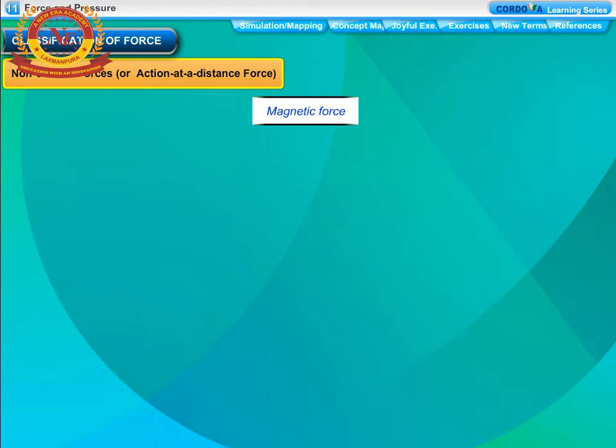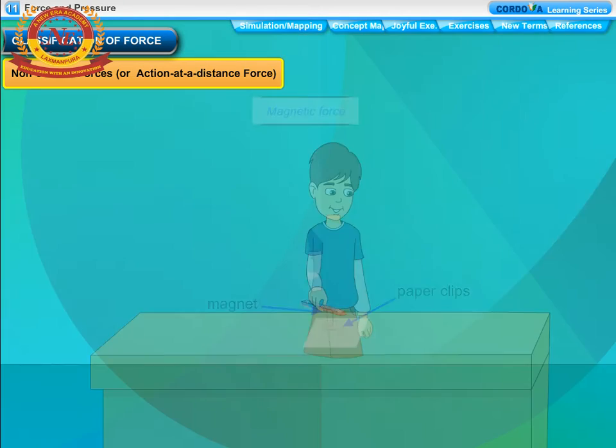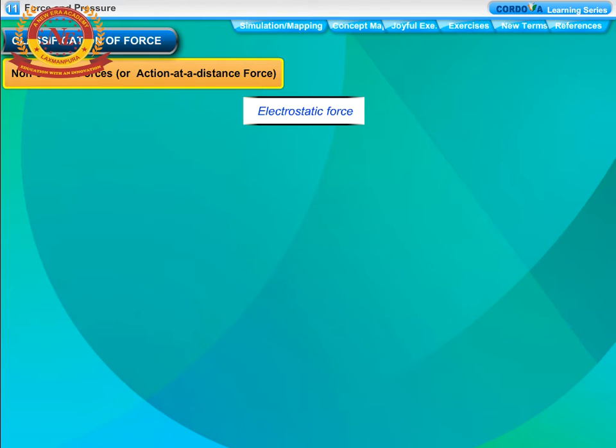Magnetic force. A magnet exerts a force or pull on an iron clip even when they are not in contact. So, the magnetic force is an example of non-contact force. Electrostatic force.